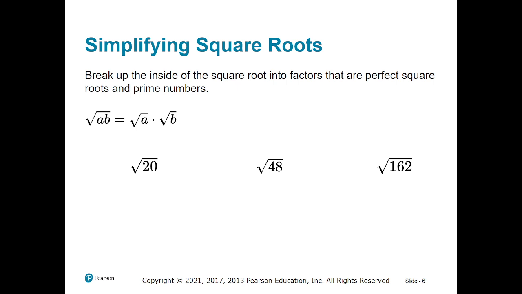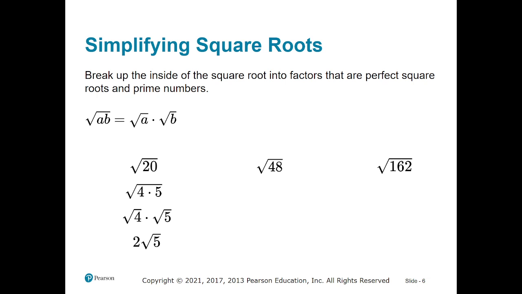And so we can break up that radical: the square root of 20 becomes the square root of 4 times the square root of 5. Well, we know the square root of 4 is 2, and so the square root of 20 becomes 2 square root 5.